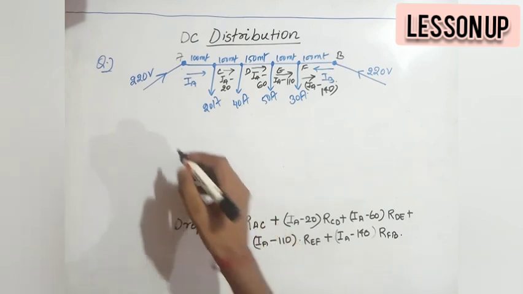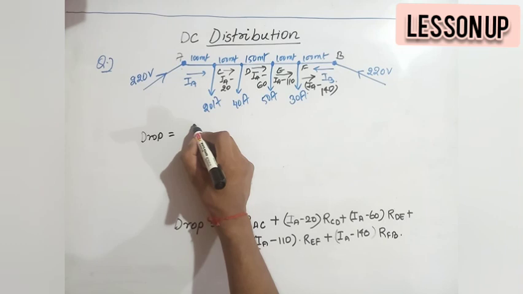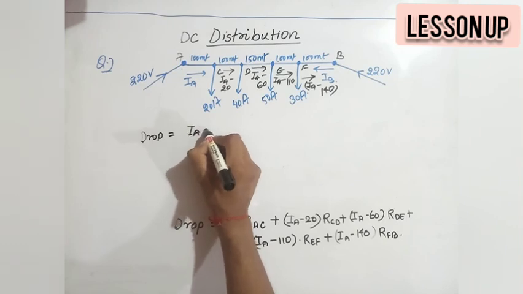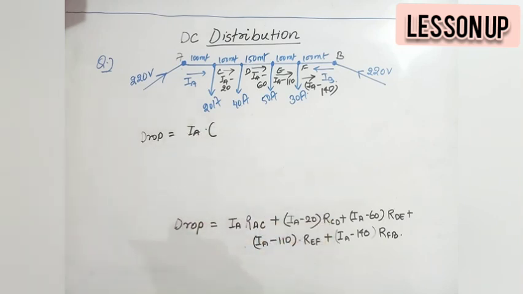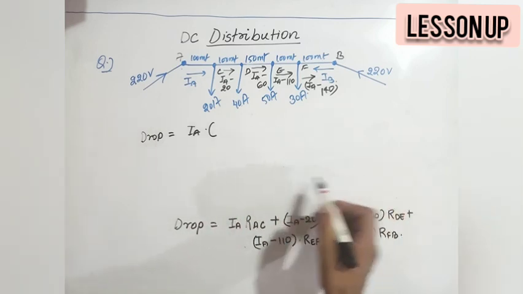Here drop will be equal to IA into, since the question says resistance per conductor, there will be one go conductor and one return conductor.